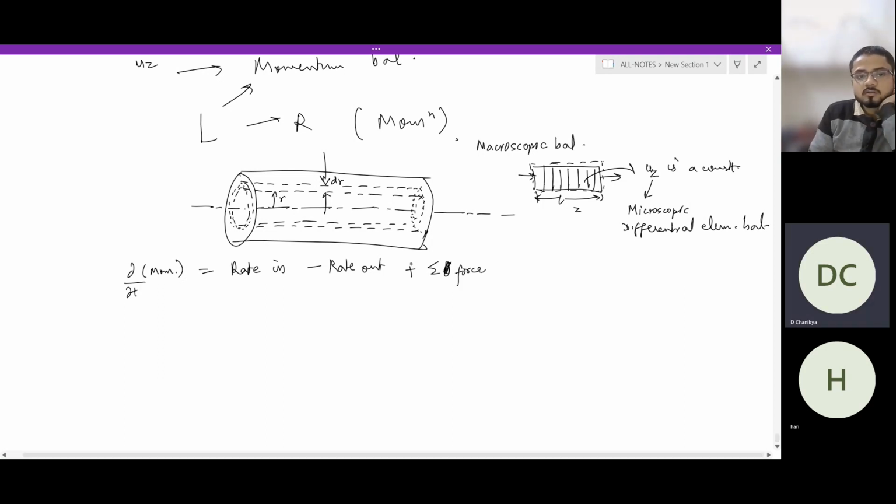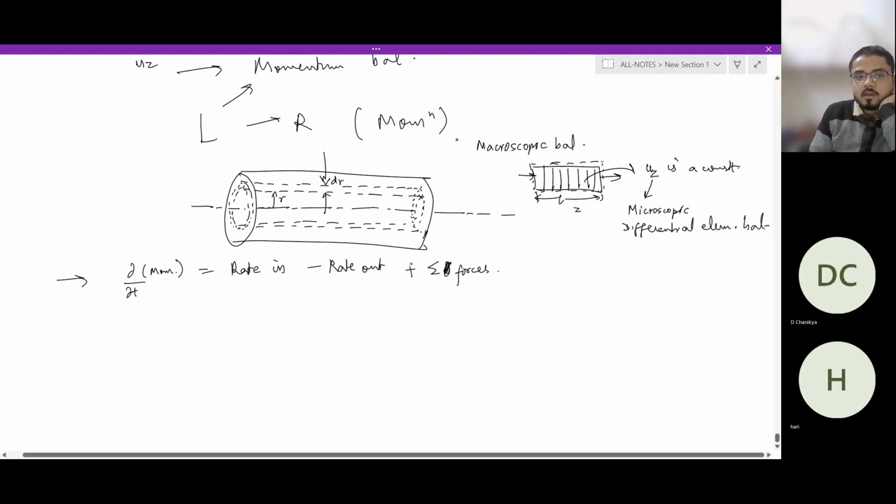You might have learned about this in one of the video lectures. So for a steady state problem, this will be 0, right? Now, how do you calculate the rate inside?